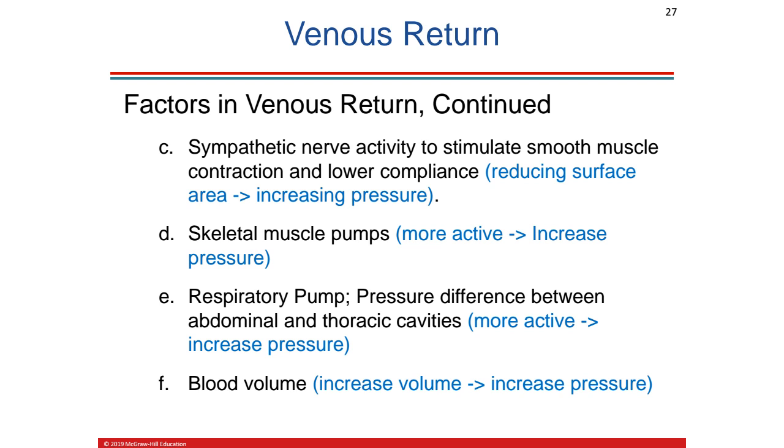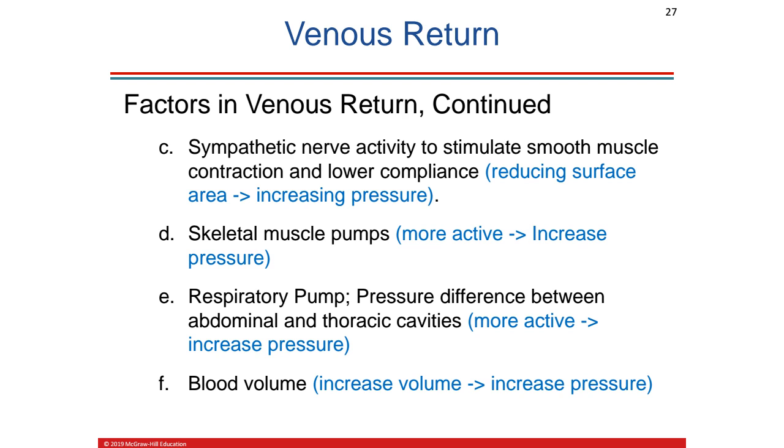As you imagine the person running, they're breathing hard and fast, and there are pressure differences between the abdominal and thoracic cavities. Recall, as the diaphragm is pushed down, there's a decrease in the volume of the abdominal cavity, and therefore an increase in the abdominal pressure.